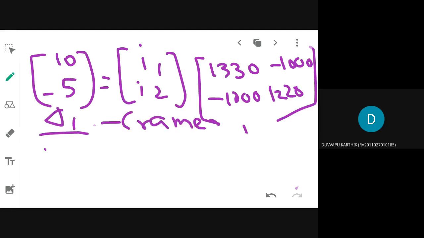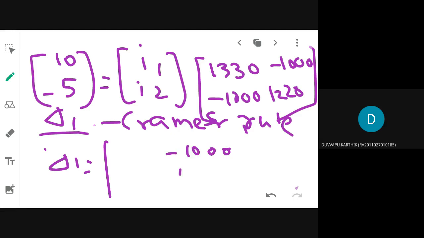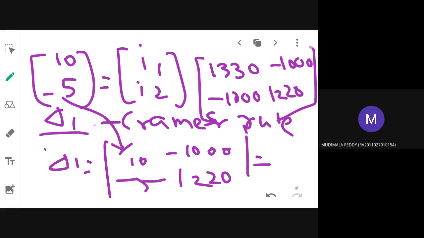By Cramer's rule I get the method, but I want the determinant del. So for determinant del 1, the second column you retain as such, but the first column you have to replace with the voltage elements. So what are the voltage elements? 10 and minus 5. Now again find the determinant and tell me the answer.